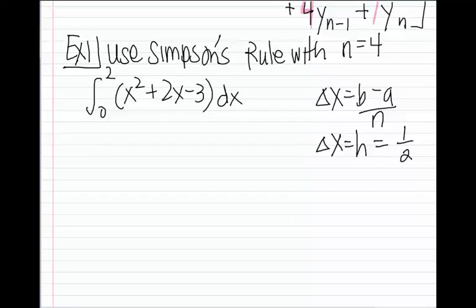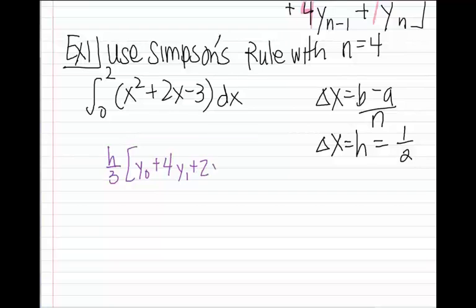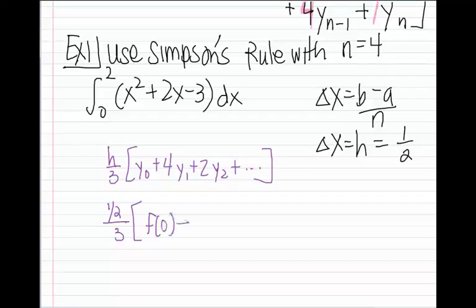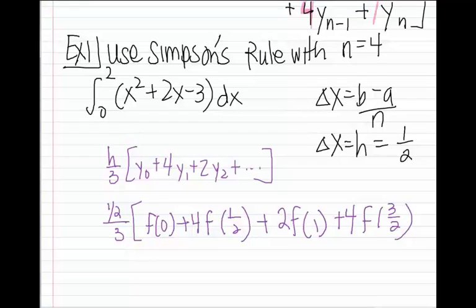So using our formula, which is h over 3 times y0 plus 4y1 plus 2y2, and so on, is going to be 1/2 divided by 3 times y sub 0, which is going to be f of 0, plus 4 times f of 1/2, plus 2 times f of 1, plus 4 times f of 3/2, plus, and our last one, 1 f of 2.